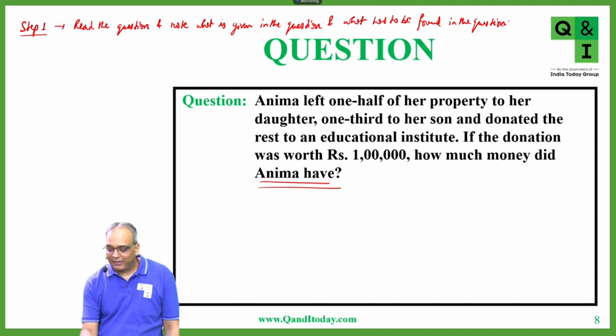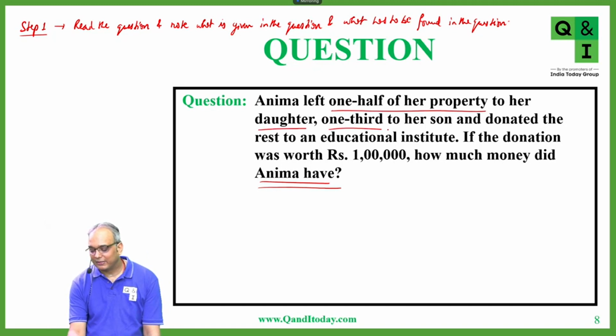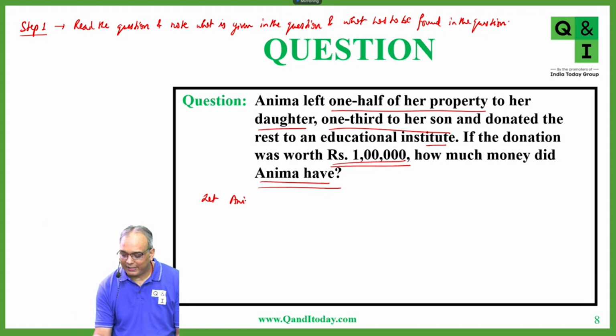So what is given is: Anima left one half of her property to her daughter, one third to her son, and donated the rest to an educational institute. If the donation was worth rupees 1 lakh, how much money did Anima have? Right? So what we'll do is, let Anima had rupee X.